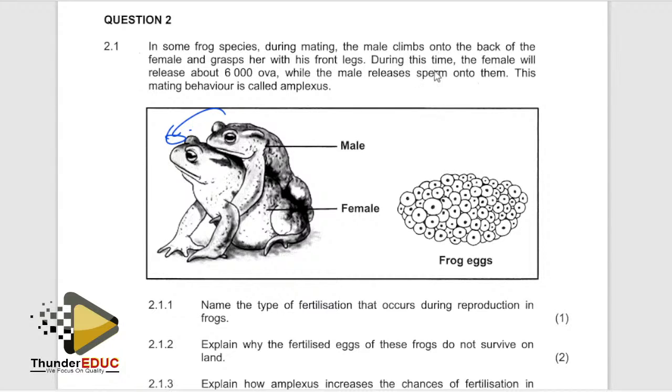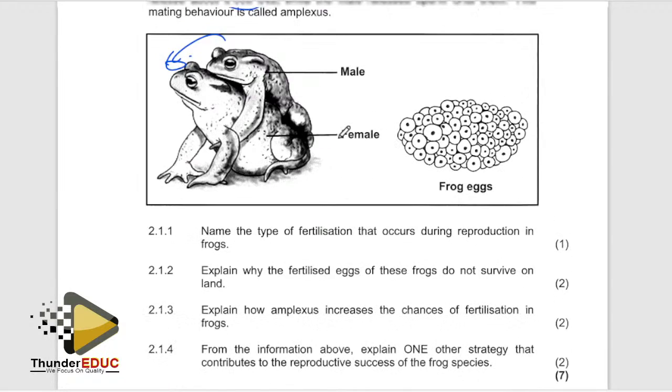During this time, the female will release about 6,000 ova, while the male releases sperms onto them. This mating behavior is called, yes.